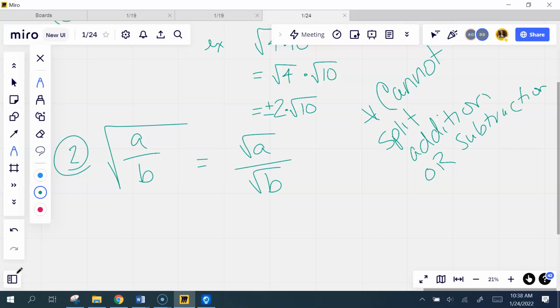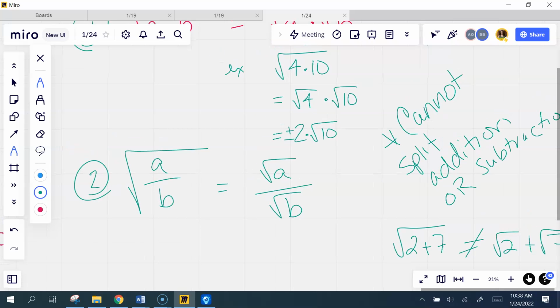It does not work, and there will be somebody that tries to do that. If you have the square root of 2 plus 7, you cannot make that the square root of 2 plus the square root of 7. You just can't do it. Never, never, never. Same thing with subtraction. You cannot split up subtraction. But you can split up multiplication and division.